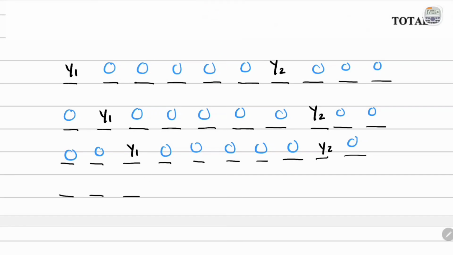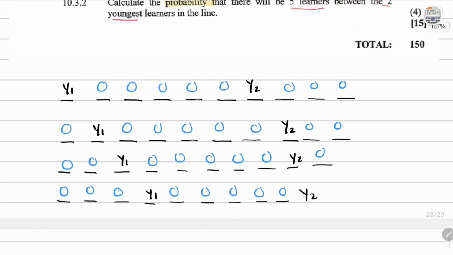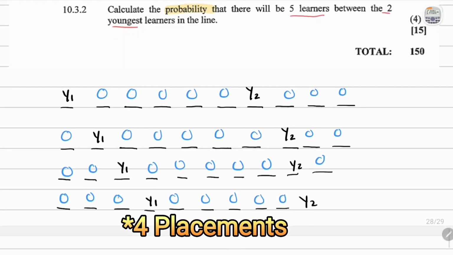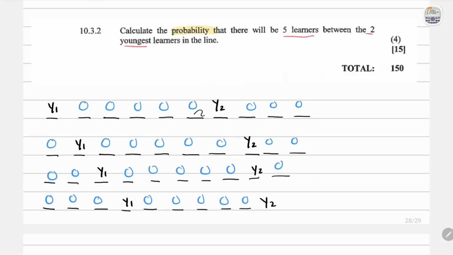So, and then another learner here, then one of the youngest learners here, and then 5 learners in between them again, and then the other younger learner. So in this case, there would be no learner behind them. So that would give you a total of 10 learners standing again. So you can see from this that there are 4 ways that they can be standing like this. So for us to achieve this first placement, here's the thing.